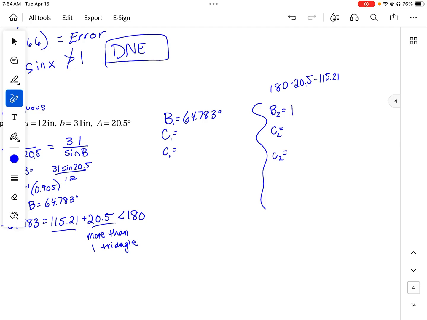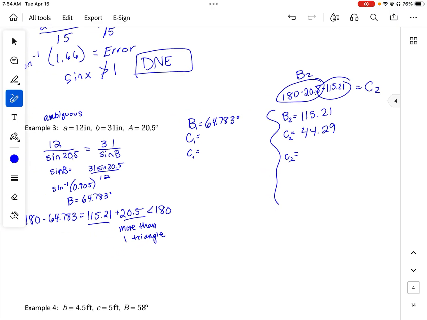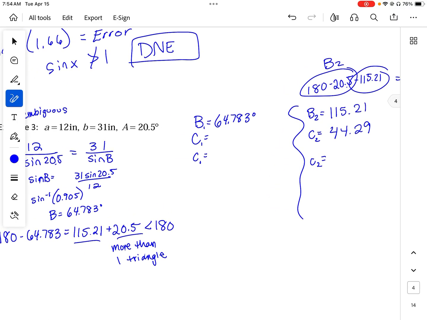So let me get a calculator real quick. 180 minus the 20.5 minus 115.21. No, B2 is going to be 115.21, sorry. This is going to be B2. And then minus that is going to end up being C2. So that's 44.29.